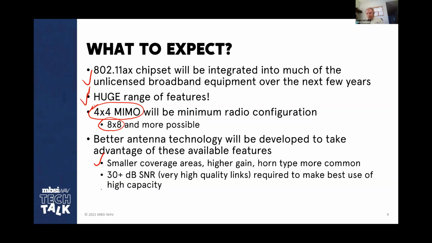We're going to see this 30 dB SNR become the new minimum of high quality links. So we're going to see systems that are able to do 30 plus, and network designs are going to have to be able to reach that kind of SNR in order to make this work. And in order to do that, again, smaller coverage areas, that's going to be the key to achieving the performance and the density that we need for this.